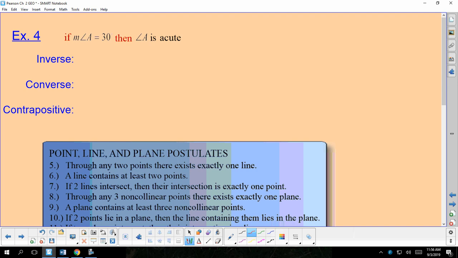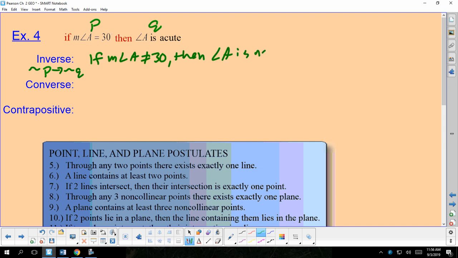So the inverse, we're going to negate both the hypothesis and conclusion. Here's my P. The inverse is not P, then not Q. So if the measure of angle A is not equal to 30, then angle A is not acute.